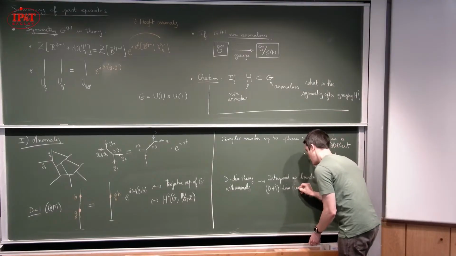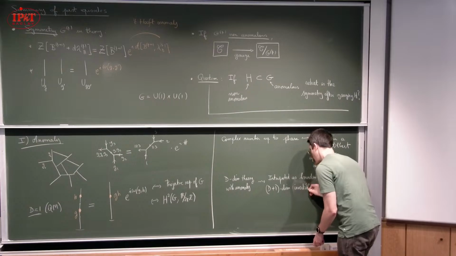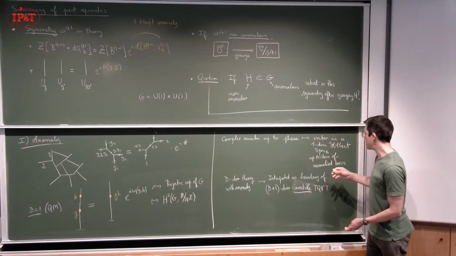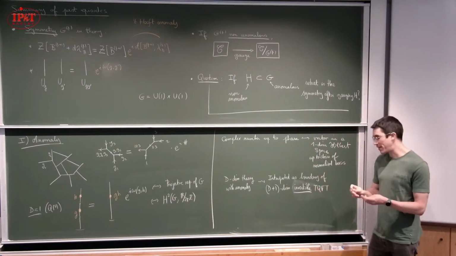Here, invertible means that the space of states is one-dimensional.